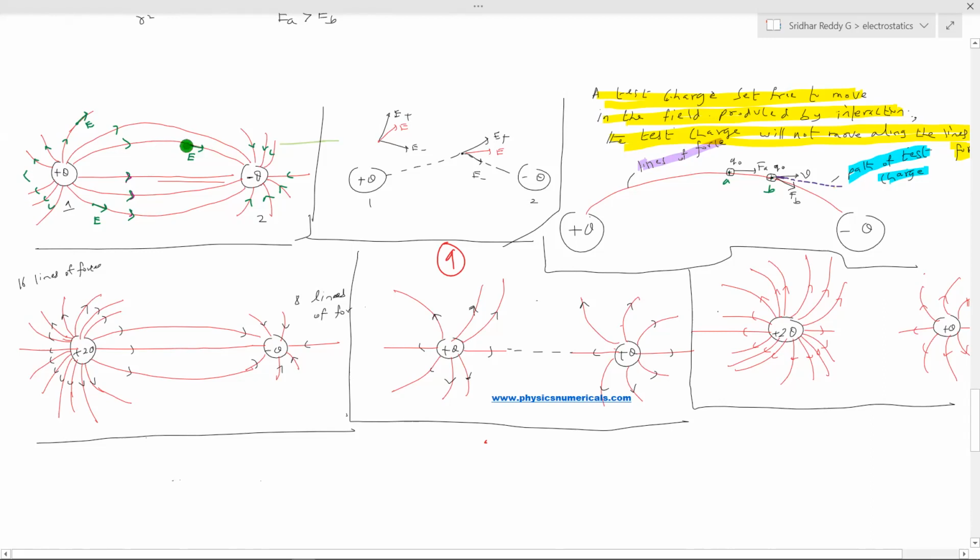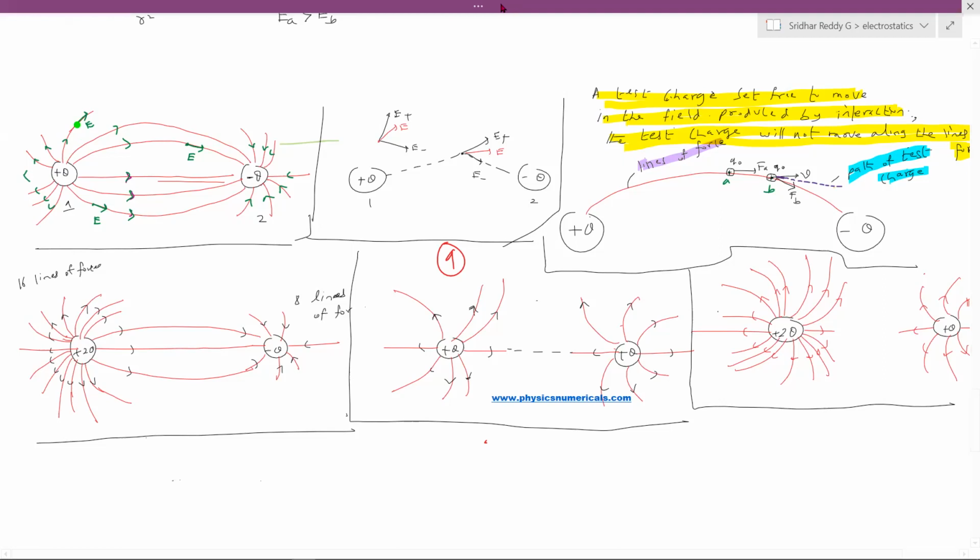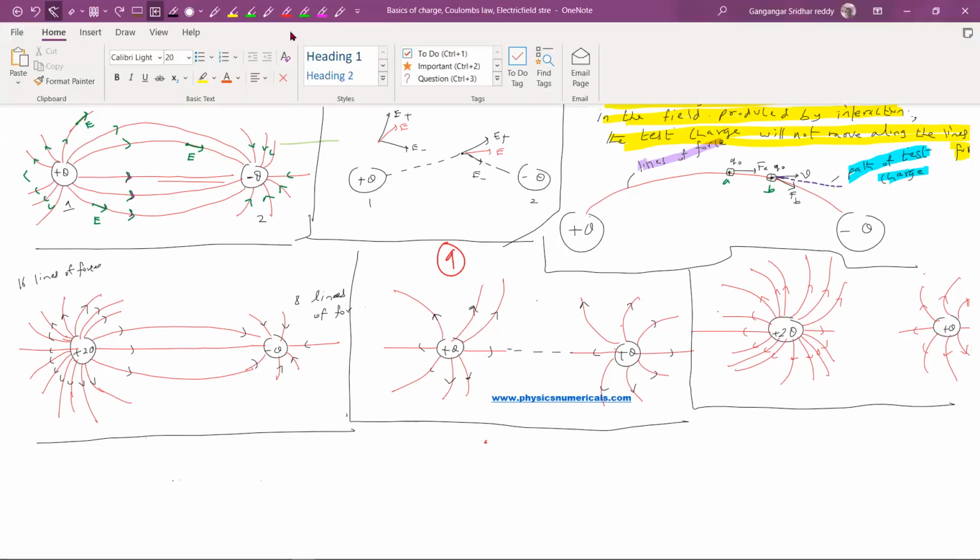If I draw a tangent here to the lines of force, then what happens? If you draw a tangent to the lines of force, it will give the resultant electric field. Sir, why the direction like this? Okay, let's assume that one. What about the field at this point? Let me go for the smaller one.